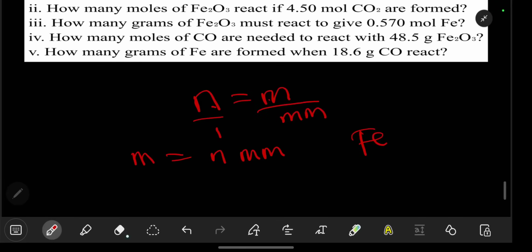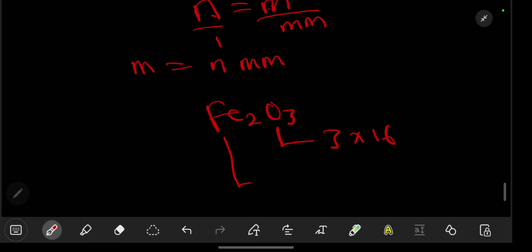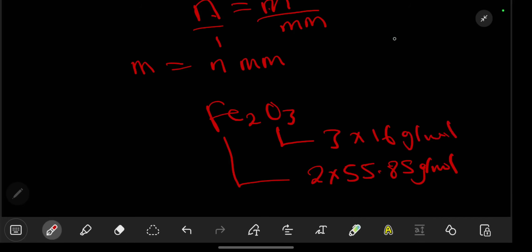So for the molar mass of iron 3 oxide, we have our Fe2O3. We have 3 oxygens, and the molar mass of oxygen is 16. Then we have 2 times the molar mass of iron, which, if I'm not mistaken, is 55.85 grams per mole. Let me just verify on my periodic table. Okay, that is okay.